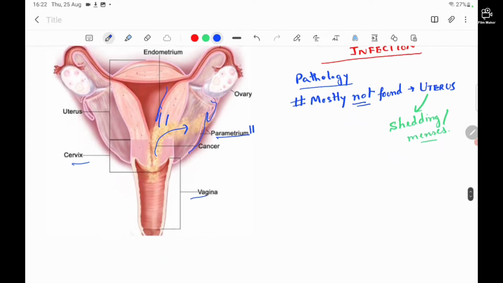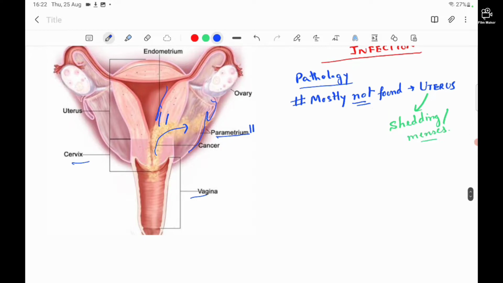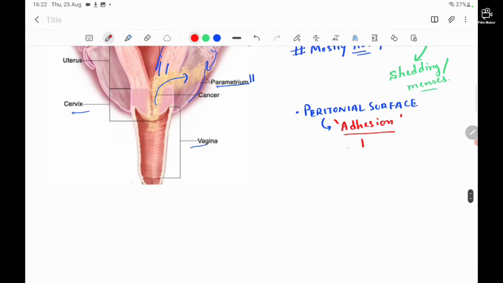Now the peritoneal surface produces adhesion because of the infection. This adhesion might be of two types by consistency or nature.